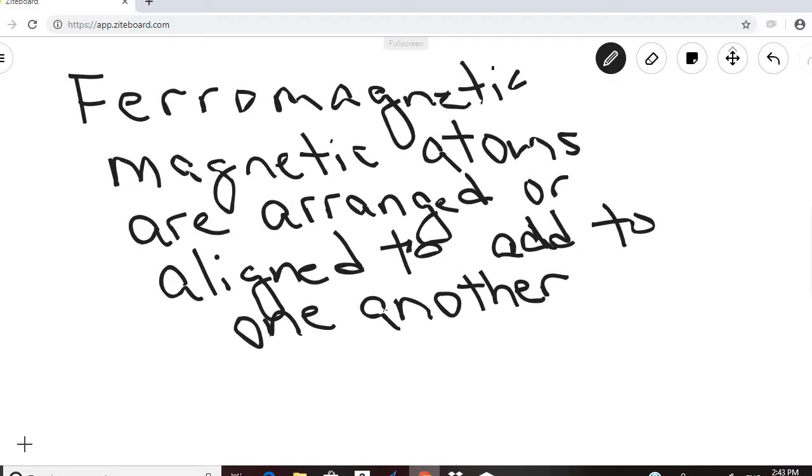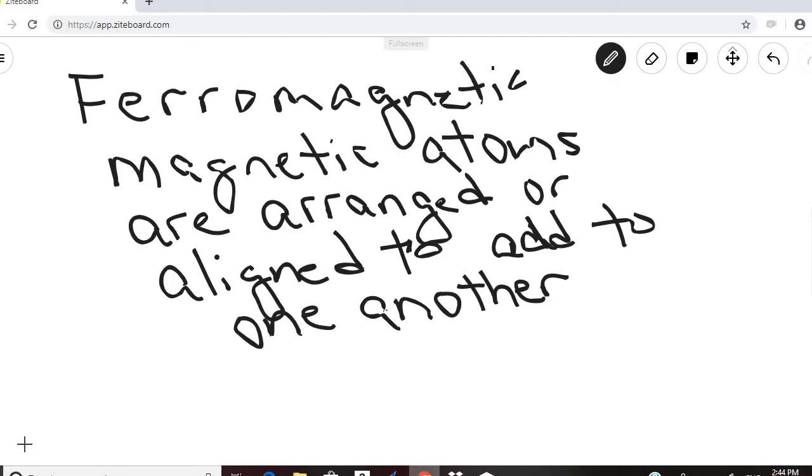So in a ferromagnetic substance, if you want to look at figure 16.4, you will see that in the situation on the left, the magnetic fields are oriented randomly so that they basically cancel each other out.